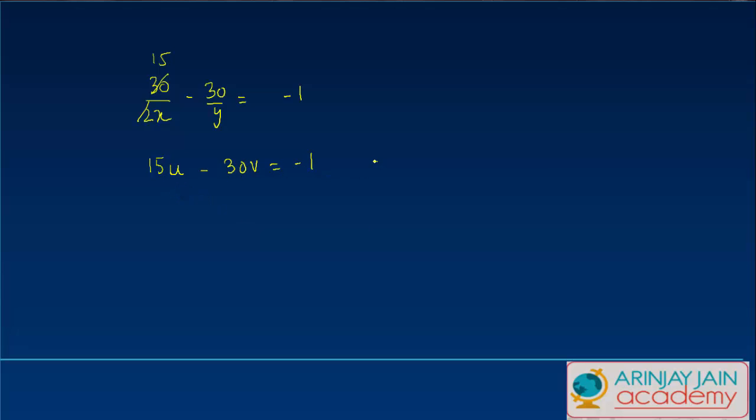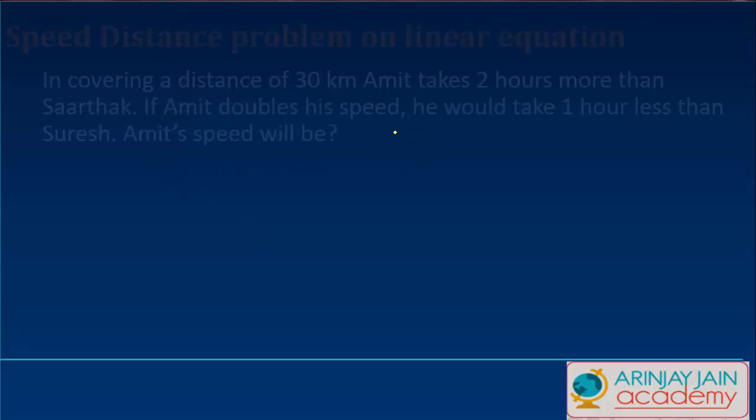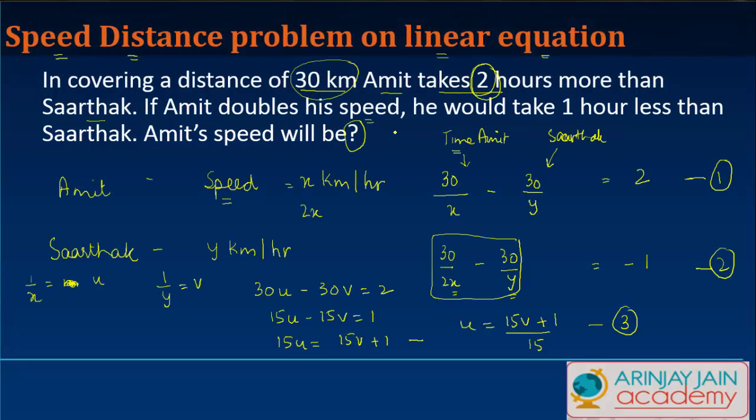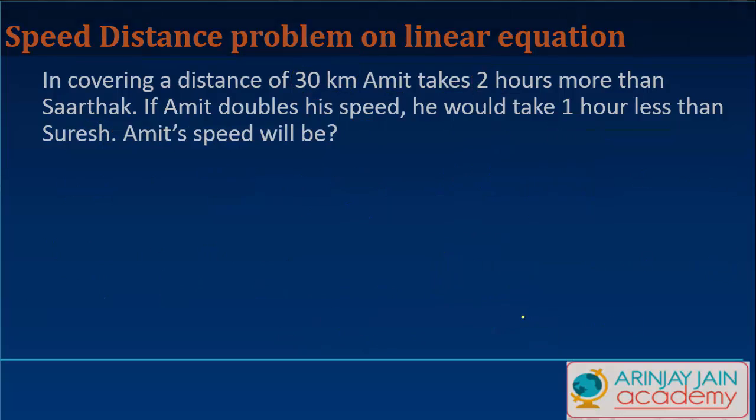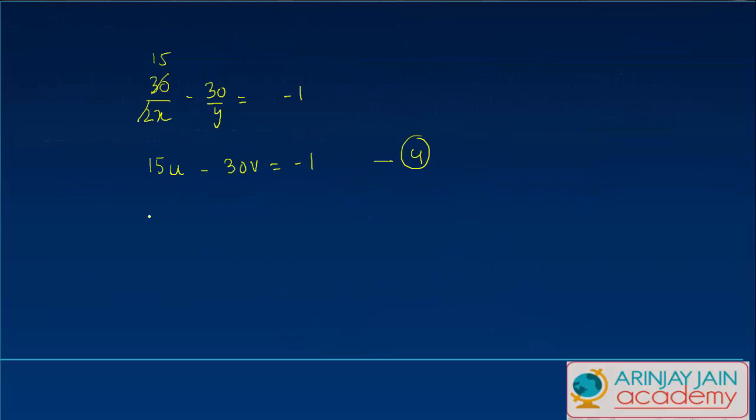Let's call this equation 4. So for us, u is equal to 15v plus 1 by 15. Substituting, u is equal to 15v plus 1 by 15, and this knocks off this, minus 30v is equal to minus 1.